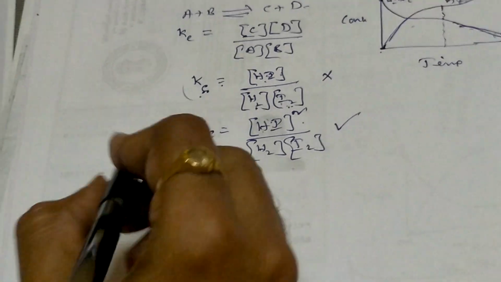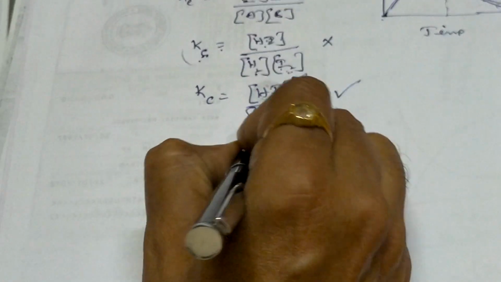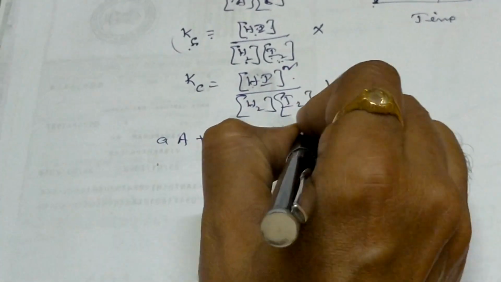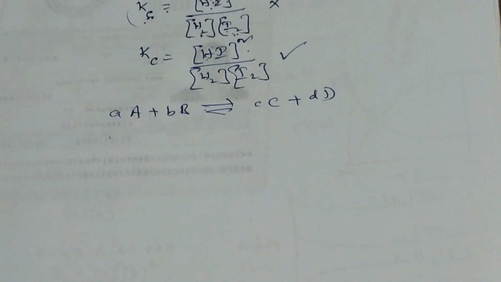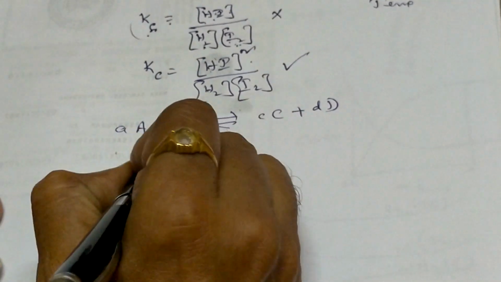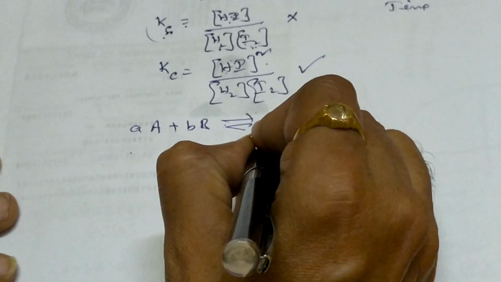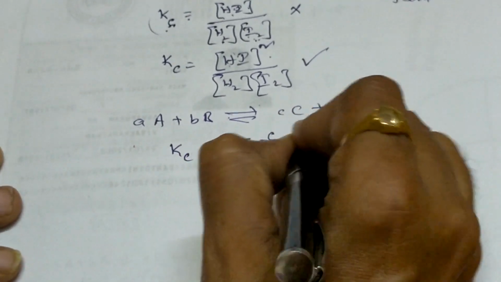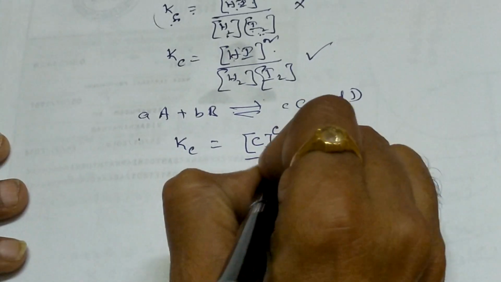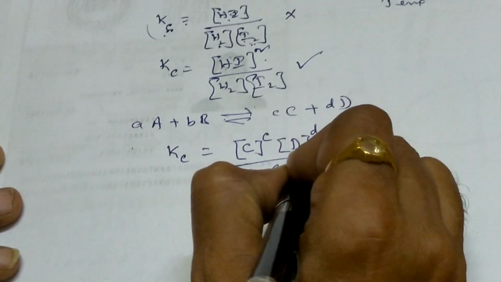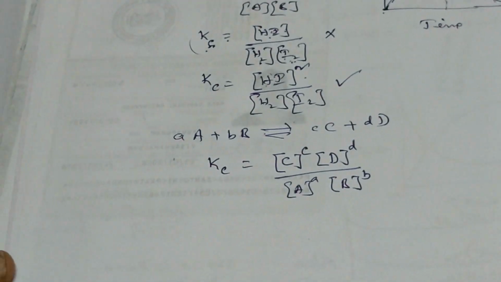So if I take the generalized equation aA plus bB gives cC plus dD, then how to write Kc? Kc is nothing but capital C to the power of small c, capital D to the power of small d, by capital A to the power of a, capital B to the power of b. That will be the final equation.